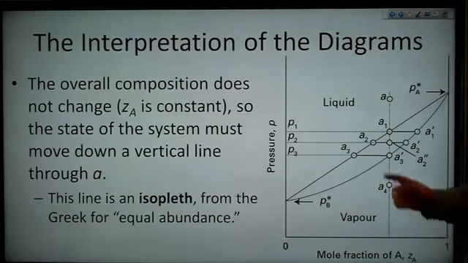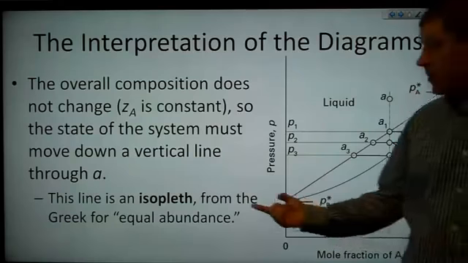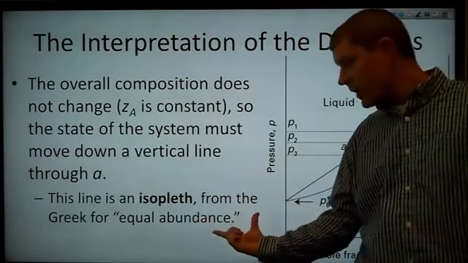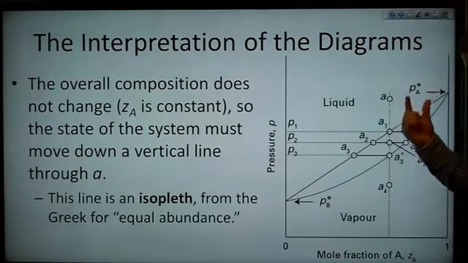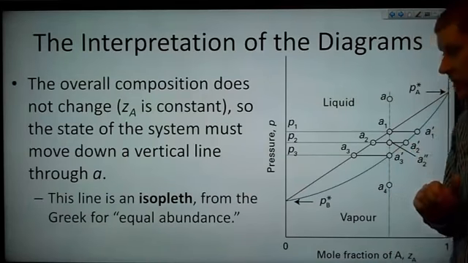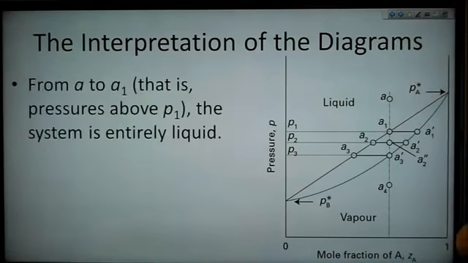All right, and this line is called an isopleth, from the Greek for equal abundance. So we have the same mole fraction of A in the total between the two phases. So that's our isopleth that we're going to move down.